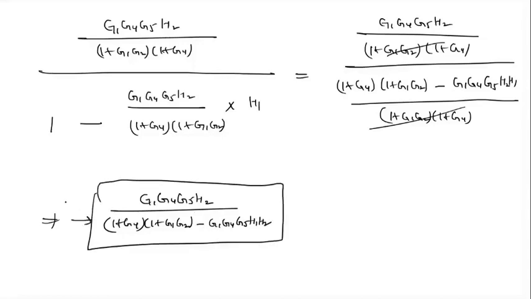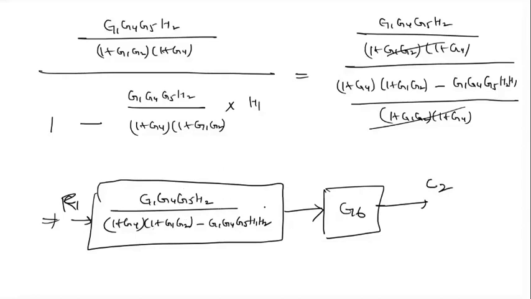The input is R1, sorry, not C1. It's R1. Then one more block is G6. The output is C2. So now both will be cascaded, that is, in series connection. The resultant transfer function is C2 by R1 equals, cascade means just multiplication, so multiply this block with G6.